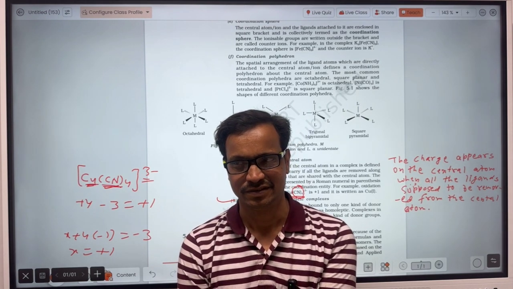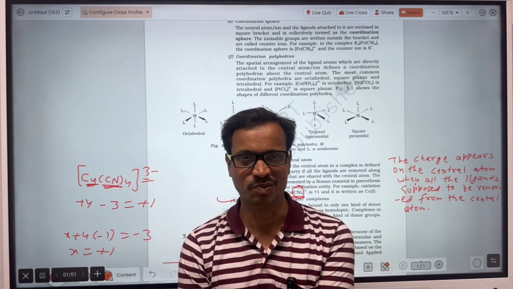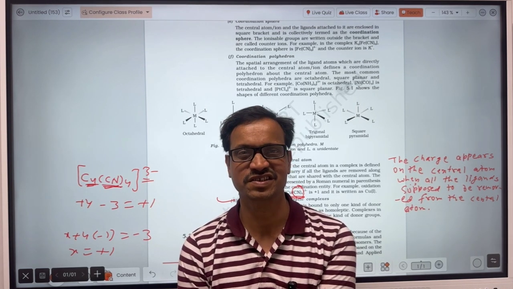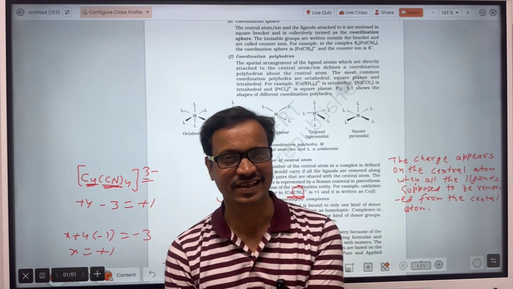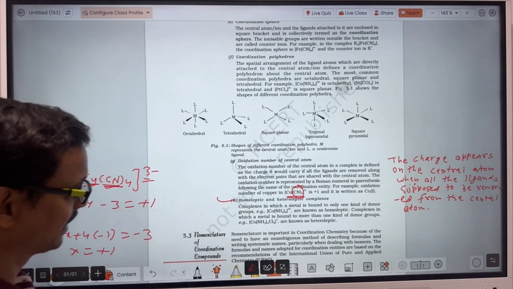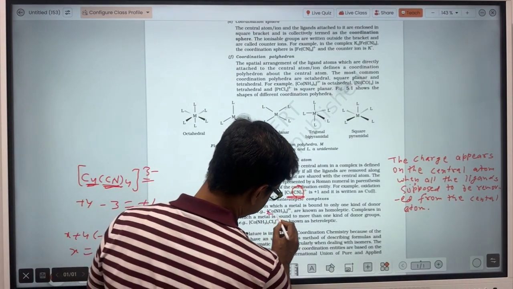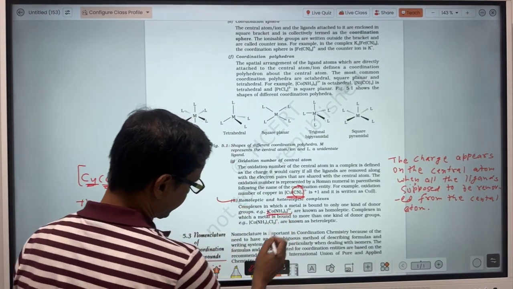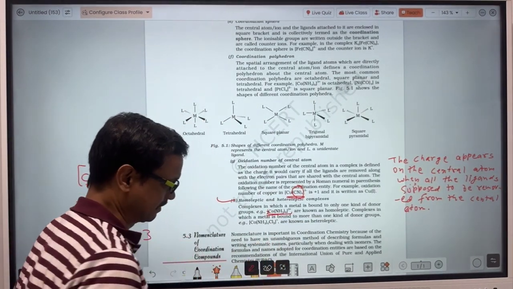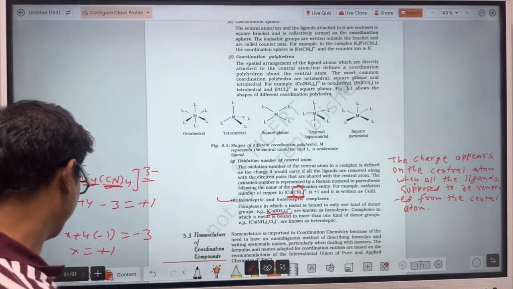And if there are two or more types of ligands present in the coordination compound, then that coordination compound will be called a heteroleptic complex. Like this one here, Co(NH3)6 3 plus. Here only one ligand, that is ammonia, is present.